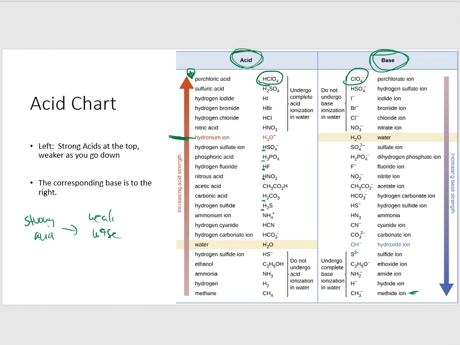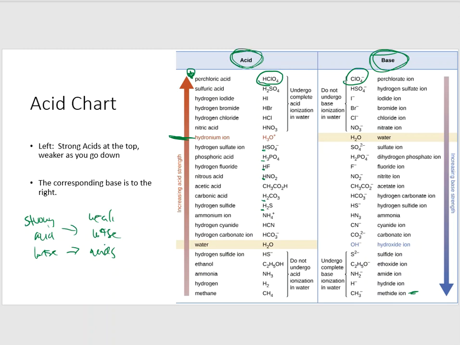So this is a very weak base. It's not going to go around and waste its time trying to find a proton to take on when it knows that once it gets one, it's just going to spit it back off again, because perchloric acid doesn't like to stick together. It doesn't like to keep that proton. So strong acids make weak bases, and vice versa. Strong bases make weak acids. So the relationship here is going to be opposite, and that's what you're seeing on the chart that's in front of you right now.